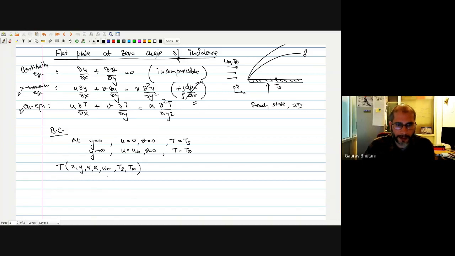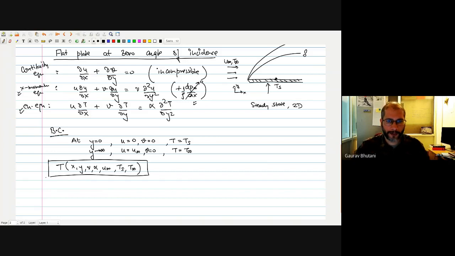Of course, these are the independent coordinates. And then we have the thermophysical properties, and that is nu and alpha. And then we have the terms coming from the boundary conditions, which is u infinity, Ts, and T infinity. So one has to solve for this functional dependence.